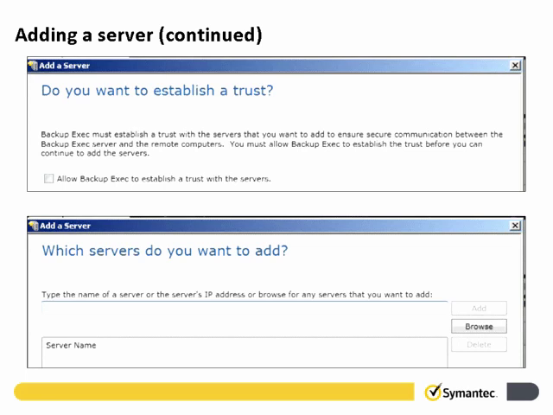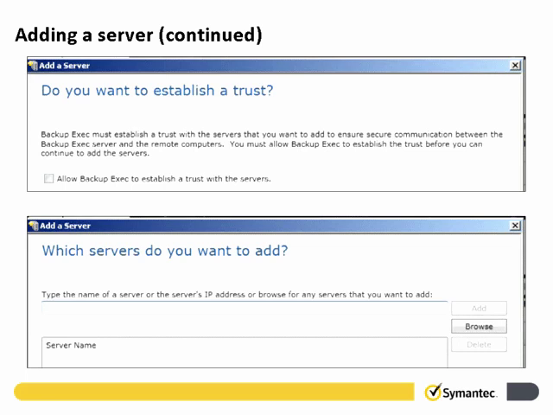This trust has nothing to do with Windows and is specific to Backup Exec. The trust is a certificate that is being placed on the remote machine so that when a backup kicks off and the backup server says, hey, you, remote machine, give me all your data, the remote machine is going to say, who are you? Do you have a certificate that can prove who you are?